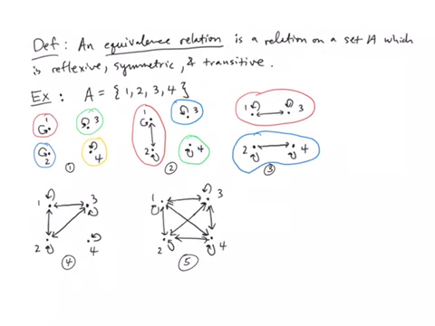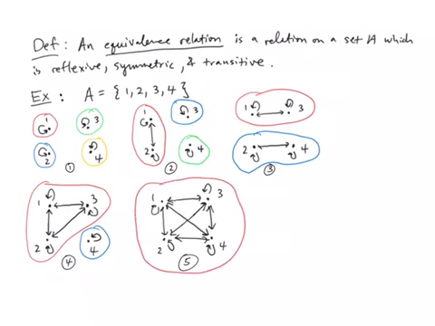Whereas for the fourth picture, we have two parts. One has three elements, and the last one just has one. And in the final diagram, everything is connected to everything else, so we just have one big chunk.